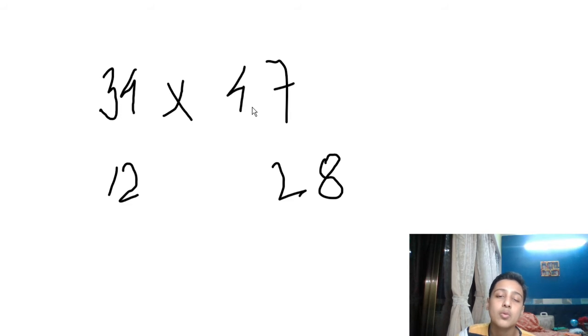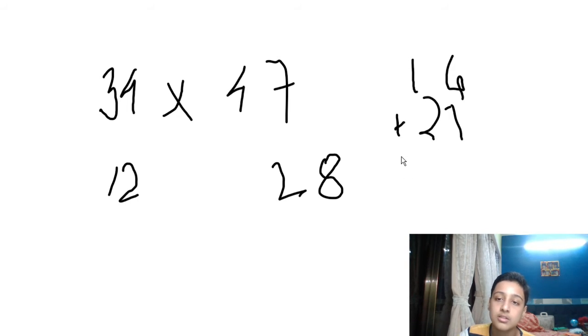So 4 multiplied by 4 is 16, plus 3 multiplied by 7, which equals 21.